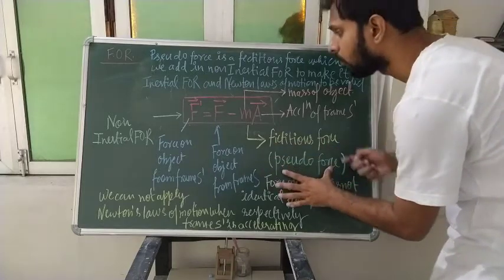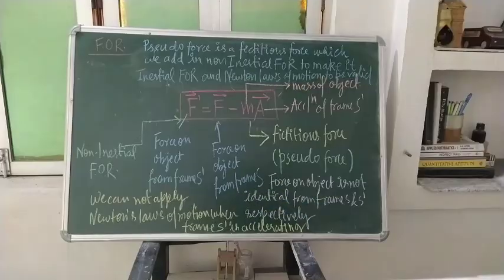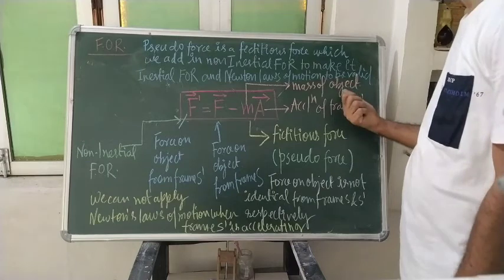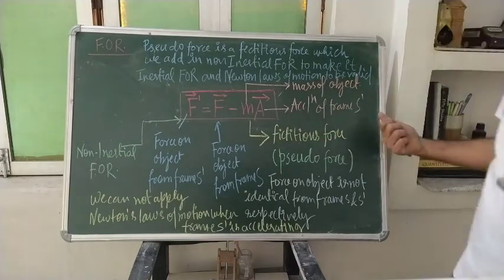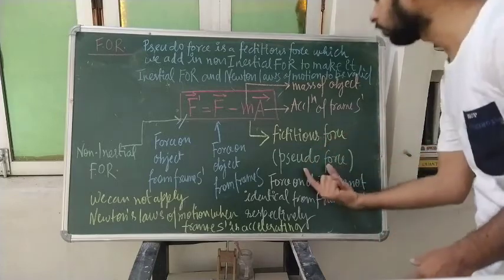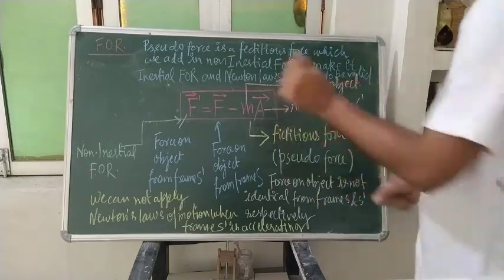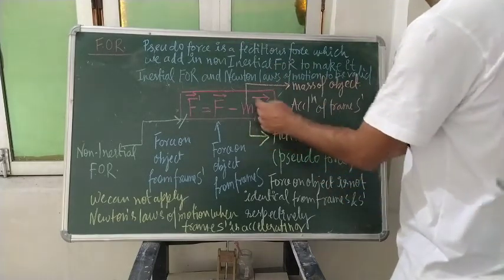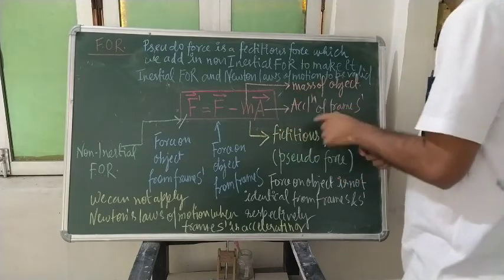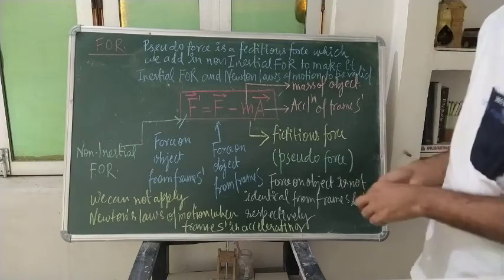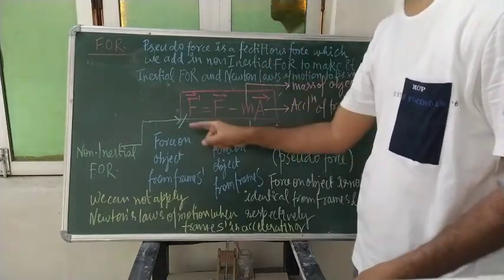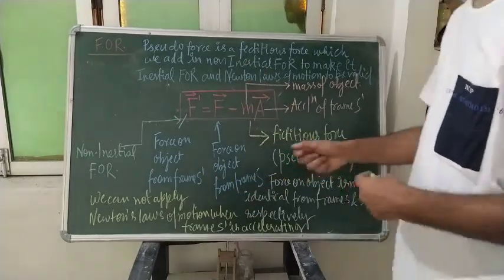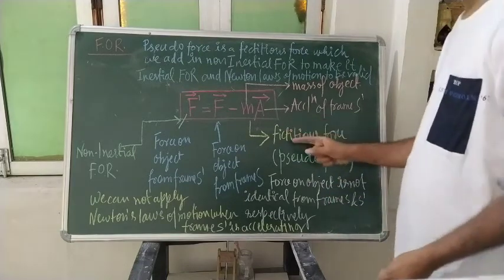When we add this pseudo force, the mass of the object times the acceleration of frame S prime, a fictitious force, in a non-inertial frame of reference, the minus m times capital A vector plus m times capital A vector will get cancelled out, and we will get the force on that object from frame S prime and the force on that object from frame S identical when we add a pseudo force in it.